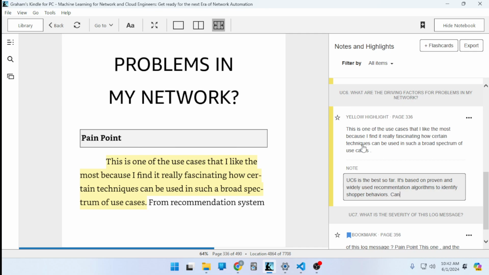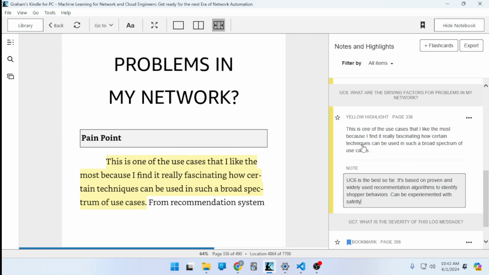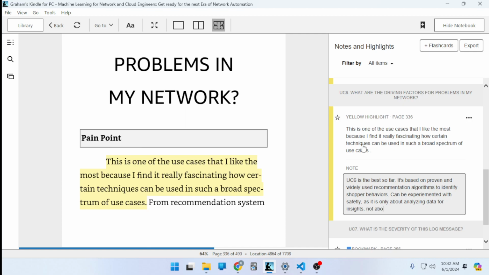Can be implemented, can be experimented with safely, as it is only about analyzing data for insights, not about. Okay. Great for further exploration. All right, so there's my note.